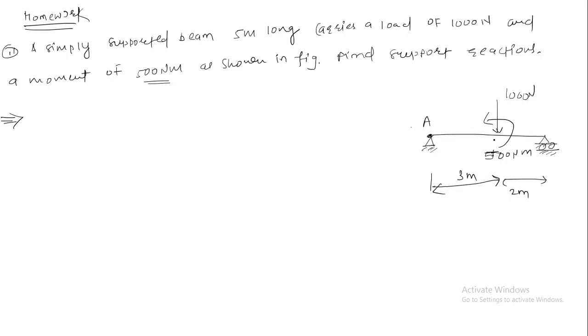This is the point C. A, C and B, right? So a simply supported beam 5 meter long carries a load of 1000 Newton and moment of 500 Newton meter.